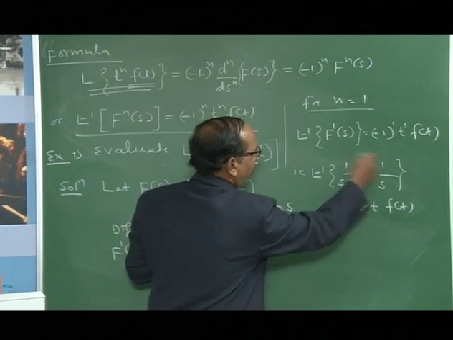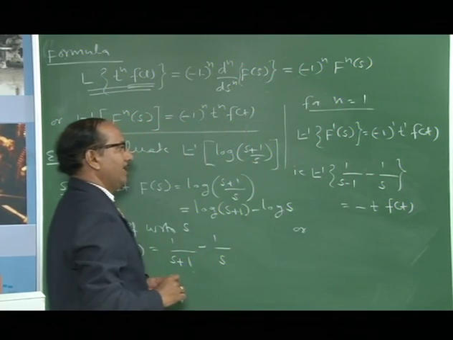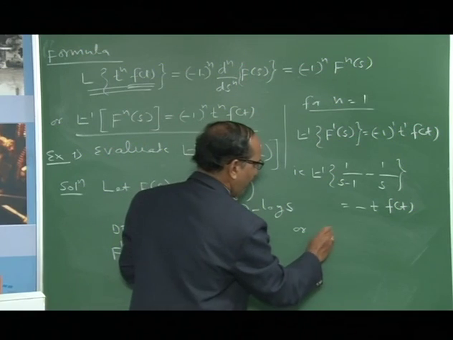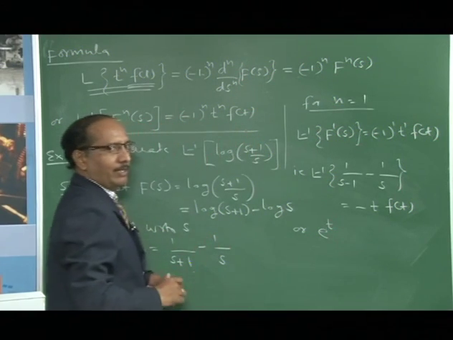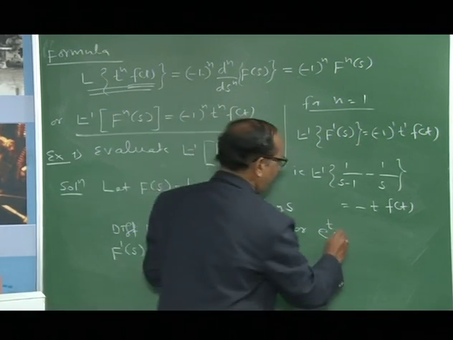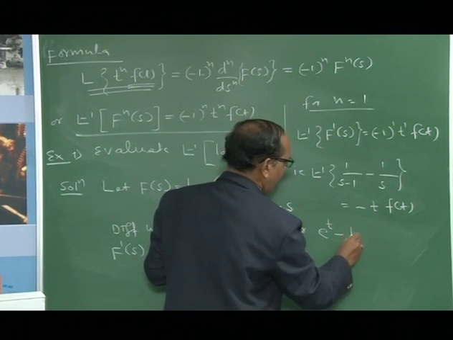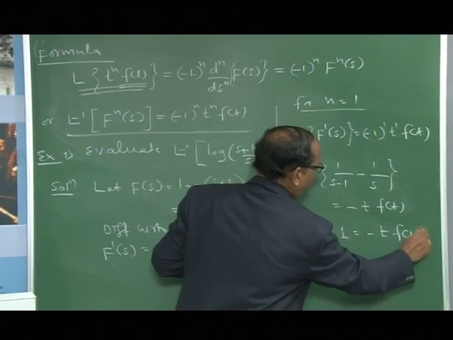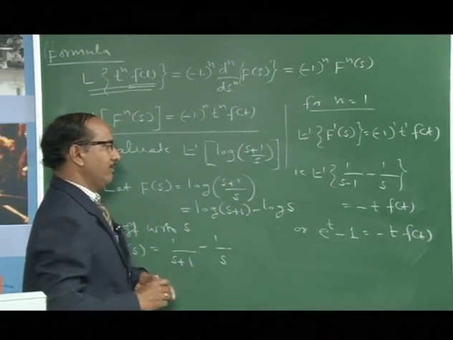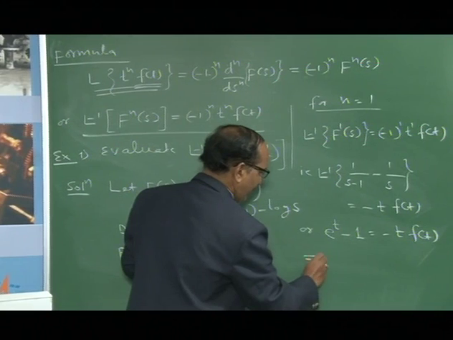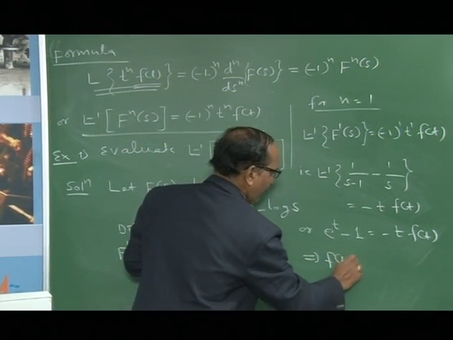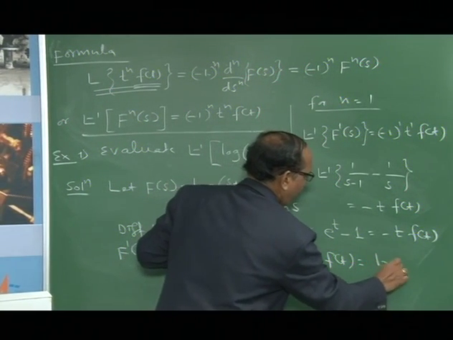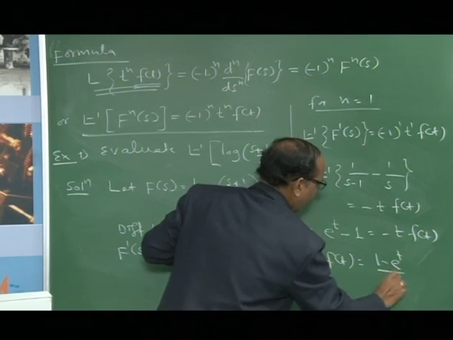Or you write the inverse of this: 1 upon (s minus 1) inverse is e raised to t, minus what is the inverse of 1 by s, it is known, 1, is equal to minus t into f of t. So, from this equation you can easily find f of t is equal to (1 minus e raised to t) divided by t.